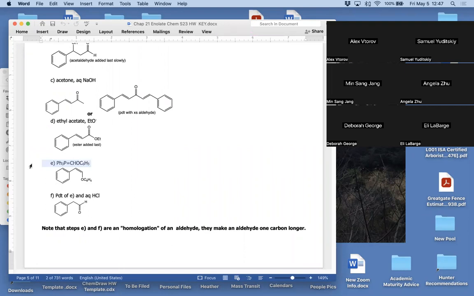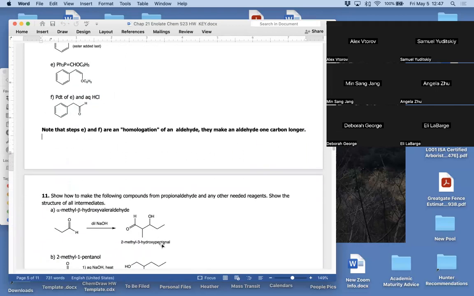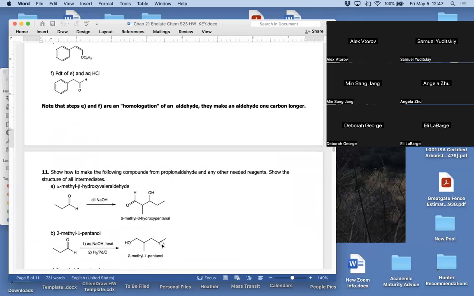I put in the enamine. So it shows a Wittig reaction. You hydrolyze it and you just move an aldehyde out one. So it's kind of cute, but certainly I don't expect you to remember how that's done. Just see that it's done.